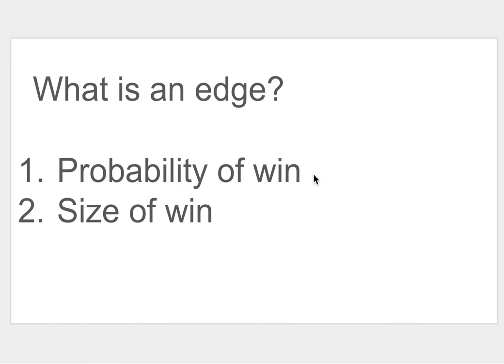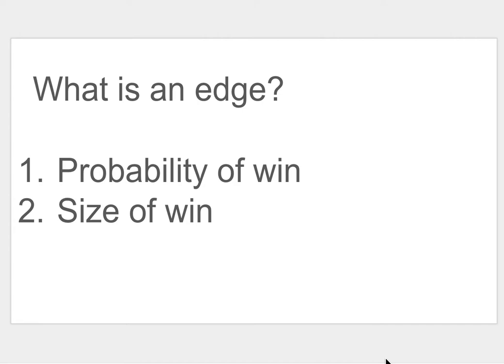What do I mean by that? In terms of probability of win, let's say you buy stock a couple of times and you actually make money 50% of the time, but you keep your losers small, right? On the other hand, if you let your winners run, then even though you might have only a 50% win rate, at the end of the day, you'll still come out ahead.